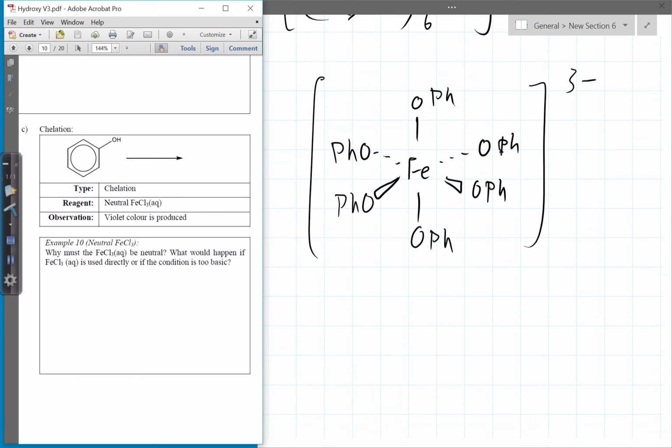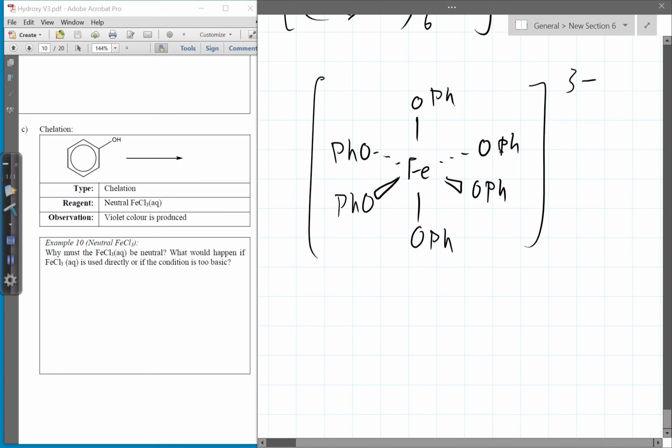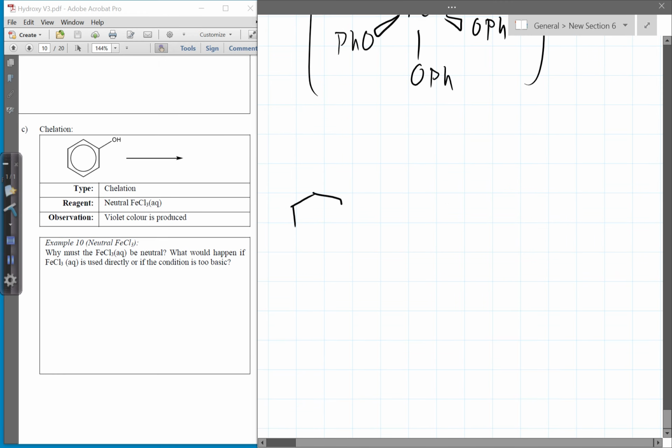So now the question is, why must FeCl3 be neutral? What will happen if FeCl3 is used directly or if the condition is too basic? Okay, you have learned that FeCl3 is acidic, correct? So in solution, FeCl3 is going to dissociate to form Fe3+ and Cl-.